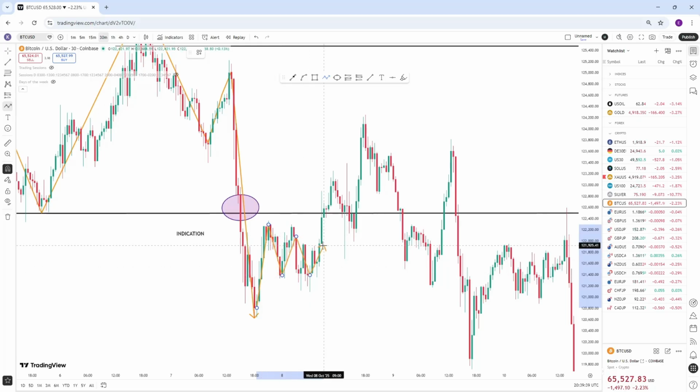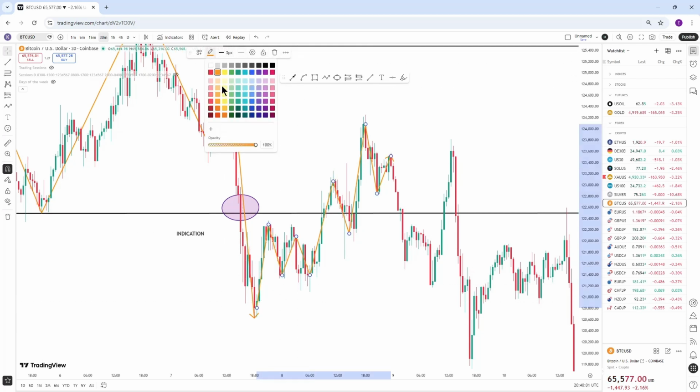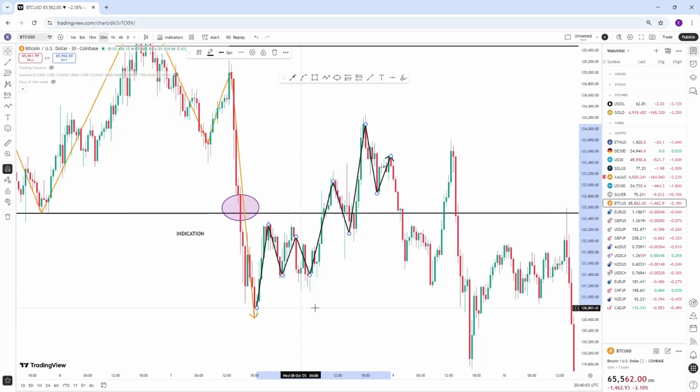Higher lows are being made, equal lows. So this is basically a higher low because it didn't break this low, right? So it's an equal low. So high low, high high, high low, and lower high. So this was our correction from here.